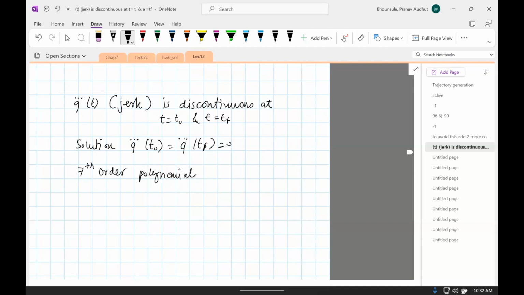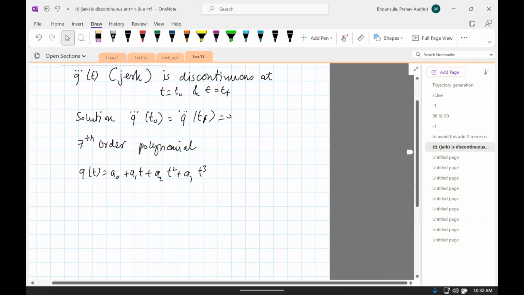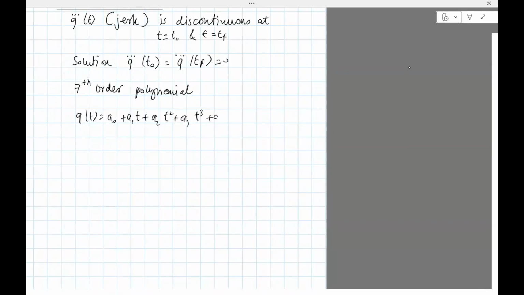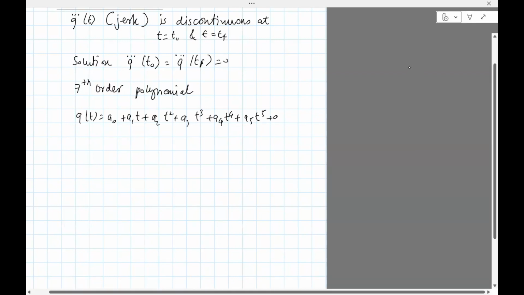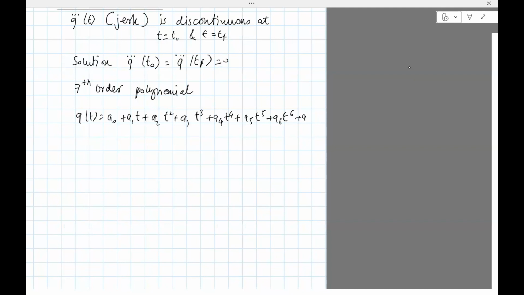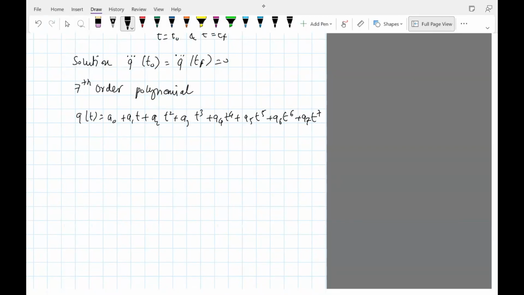Something like this: a0 plus a1t plus a2t squared plus a3t cubed plus a4t4 plus a5t5 plus a6t6 plus a7t7.